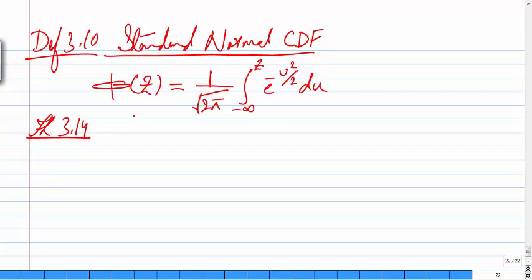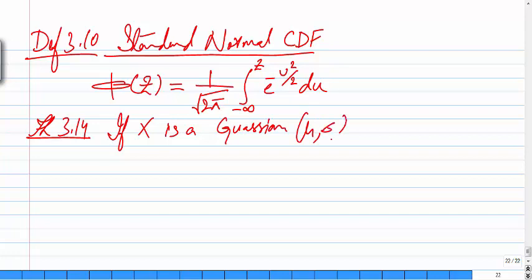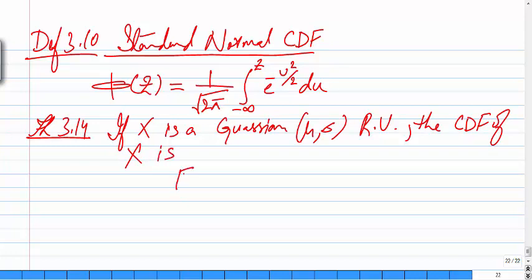Now there is a theorem 3.14. It says that if X is a Gaussian mu and sigma random variable, the CDF of X, that is F X of x, is equal to the standard normal CDF of x minus mu divided by the standard deviation.